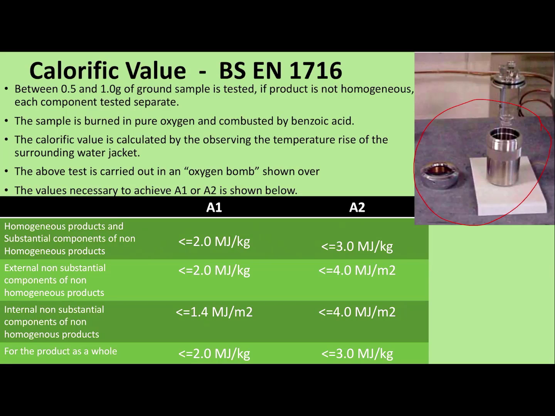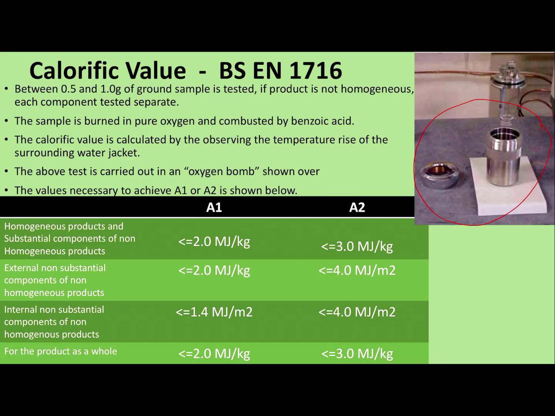Below the description there are the various different values that have got to be achieved for A1 and A2. I won't go into that because, to be fair, the numbers don't mean anything.